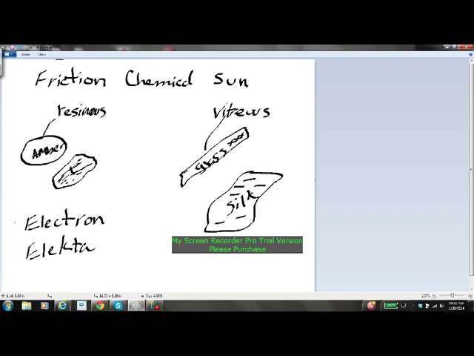And in amber's case, or resin, it actually gains electrons, and electrons leave the fur, leaving a net positive charge on the fur. So now you have two charged bodies, and that's basically how you develop a potential difference or a charge on two different bodies with friction.